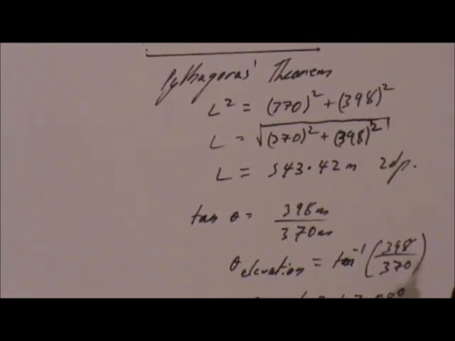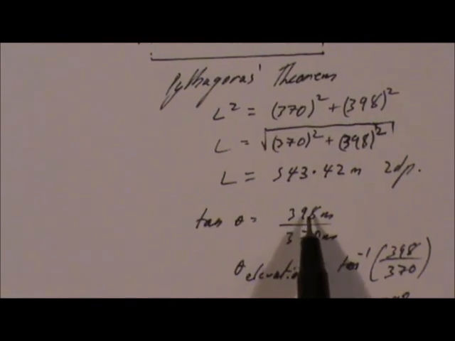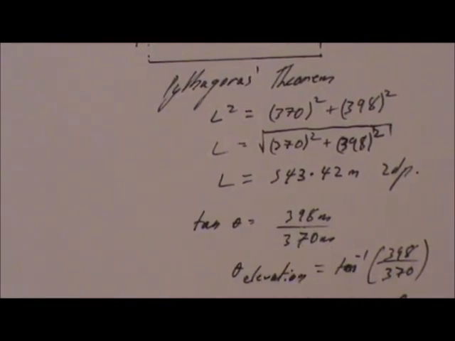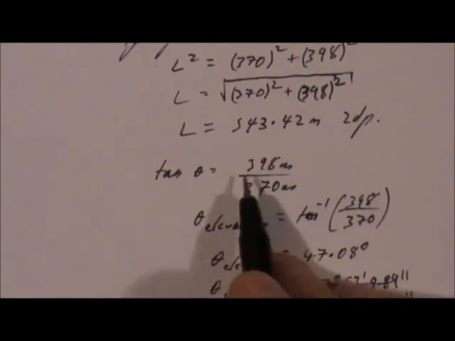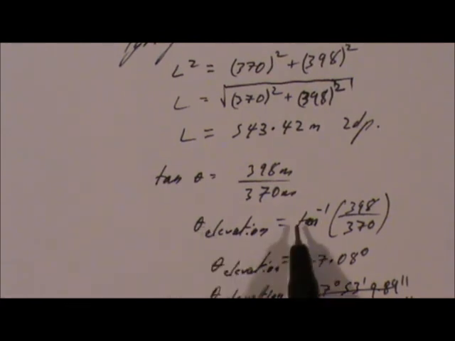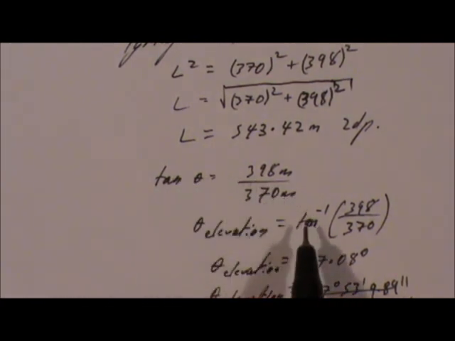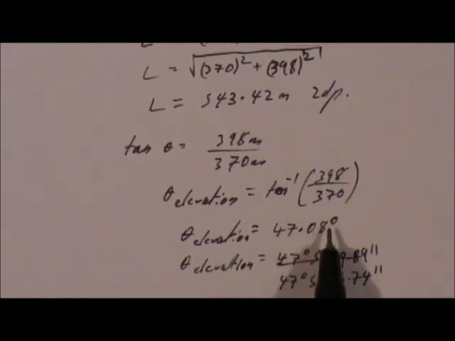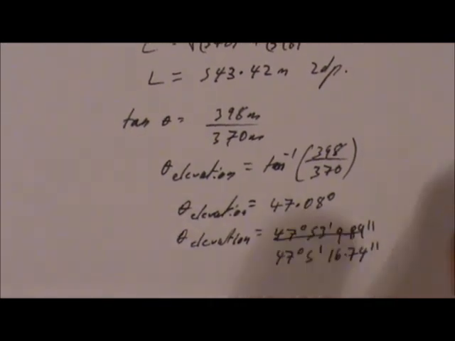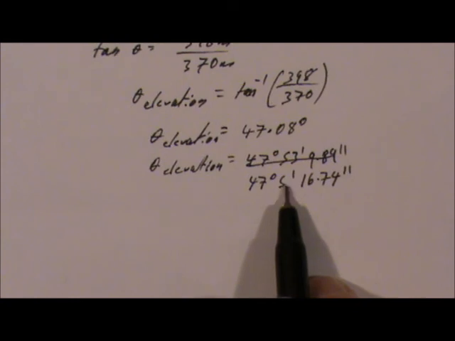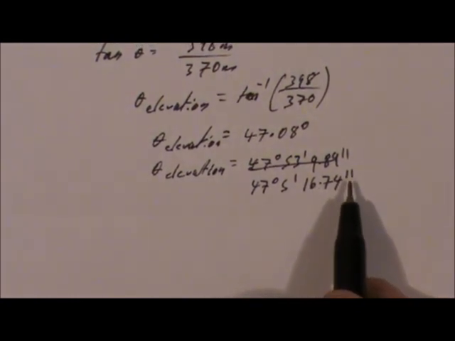So using the tan formula, tan theta is equal to opposite on adjacent. Substituting the necessary information like we have here. Remember, we're trying to calculate theta, so we have to take tan to the other side. It becomes inverse tan, and we end up with 47.08 degrees, or more accurately, expressing in degrees, minutes, seconds, we have 47 degrees, 5 minutes and 16.74 seconds.